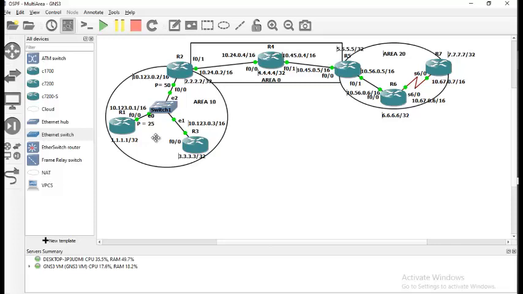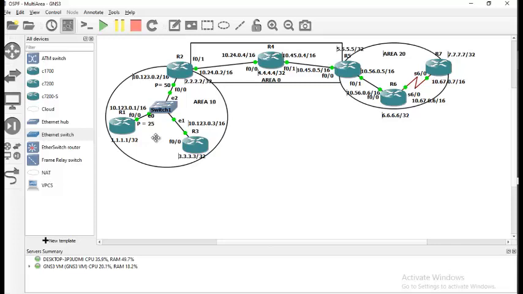So how is OSPF designed? Whichever router you want to be the designated router, you go and give it high priority. So that when the election happens, when these 3 routers send hello packets, they compare their priority.